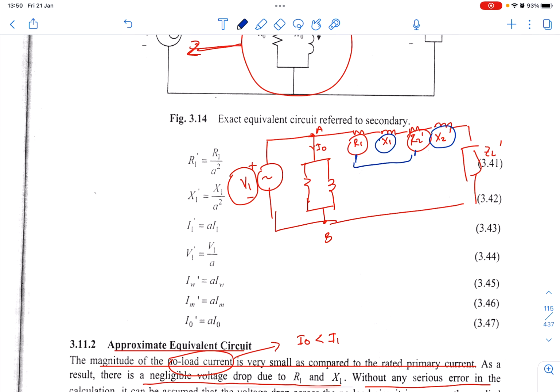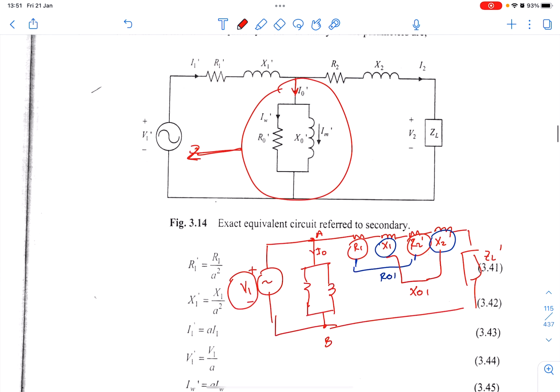So this is your RO1, and this is your XO2, XO1.